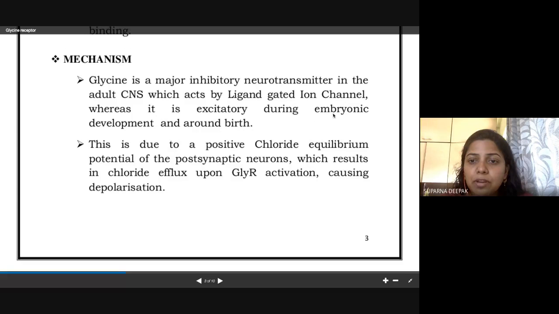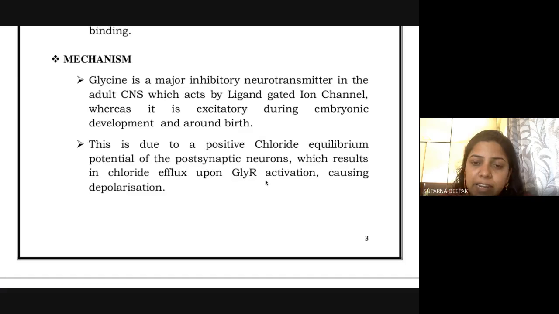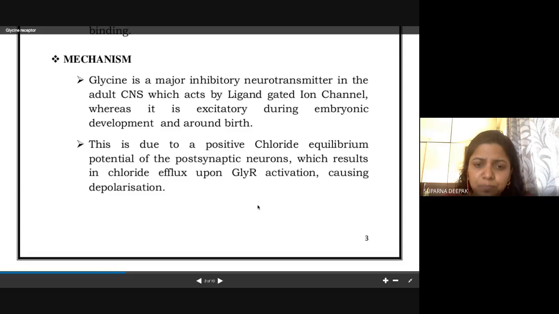That is going to happen in the case of embryonic development, because in embryos the chloride ion concentration is high inside. That means you will have more chloride ions inside and fewer outside. So when the chloride channels open up, there is an efflux. That means instead of coming inside, because the concentration is higher inside, it will move outside.